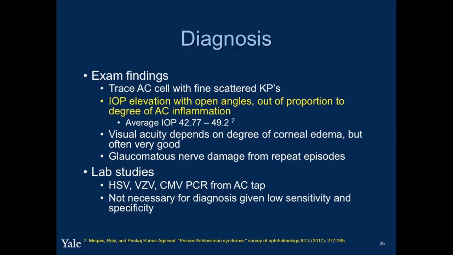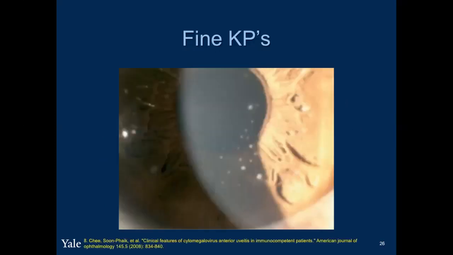Additional lab studies such as AC tap, looking for HSV, VZV, CMV, is not necessary for the diagnosis, but it may be important to rule out other potential causes of the patient's acute episode.